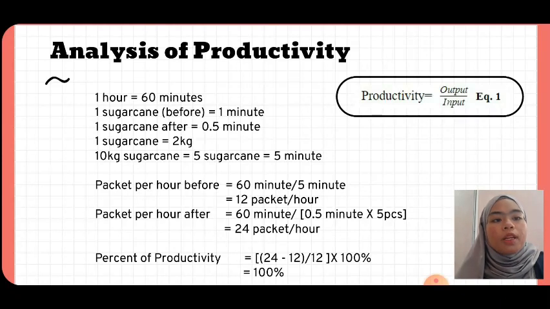So we use the formula of productivity equal to output per input. Packets per hour before is 12 packets. Packets per hour after is 20 packets per hour. So the productivity increase is 100%.